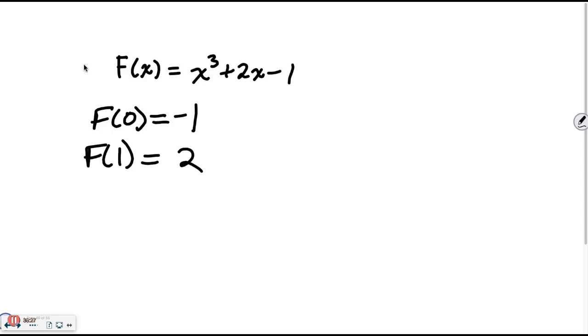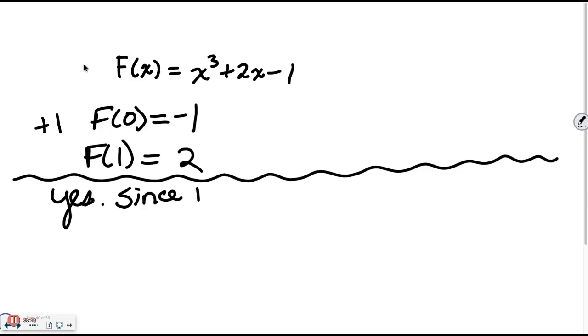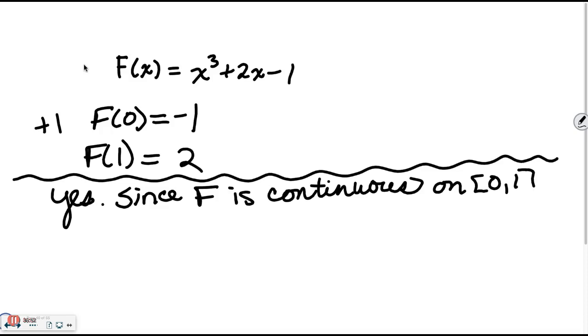All right, so we're nodding. So here we're going to now answer the question. This gets you 1 point. See how you did. Hopefully we're at 3 at least out of 5. We're going to answer the question, yes. We are guaranteed a 0. We're going to say since f is continuous, and this is continuous for all real numbers, so you don't really have to put on the interval, but let's do it. On [0, 1].